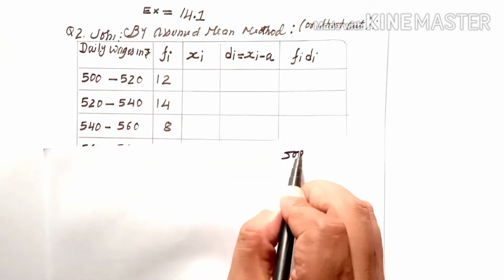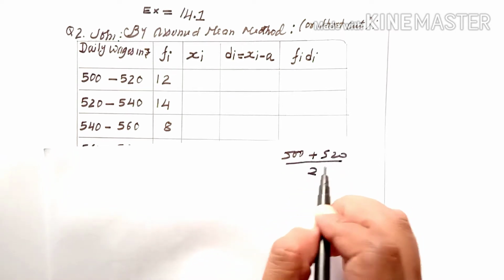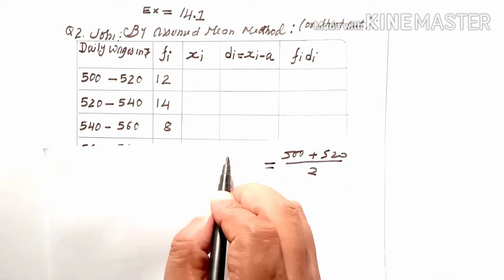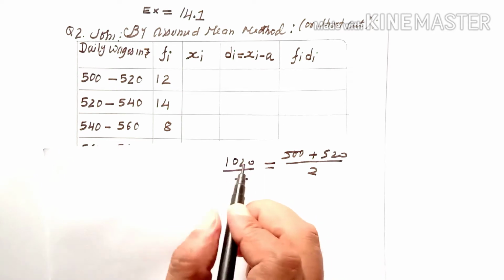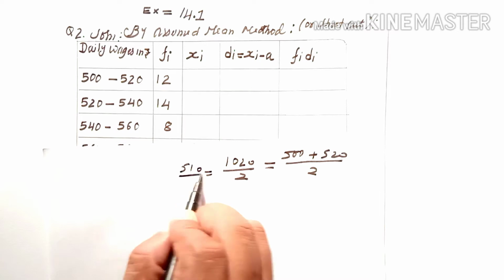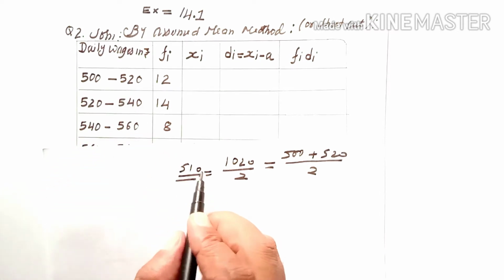Lower limit 500 plus upper limit 520 gives 1020, divided by 2. Cancel by 2: the class mark of the first class interval is 510.